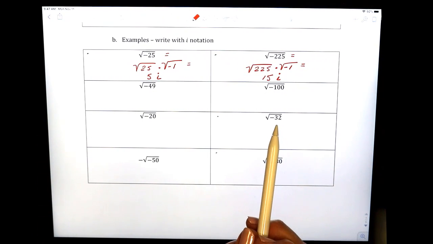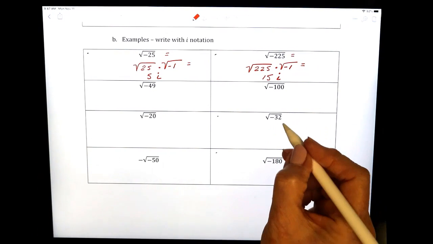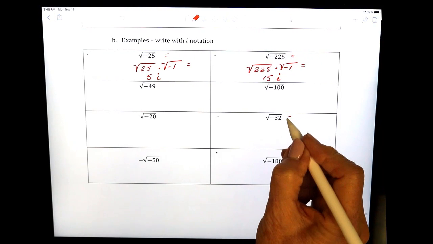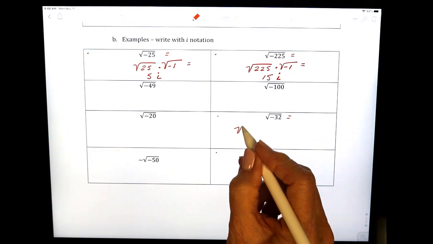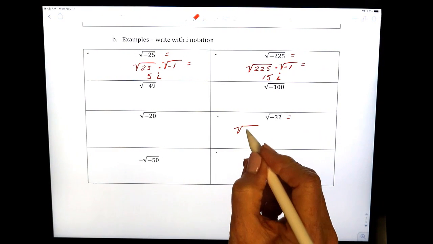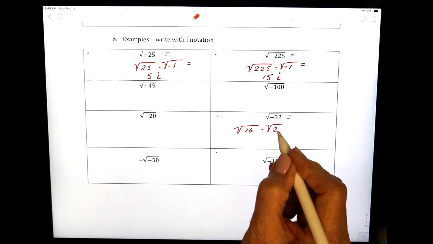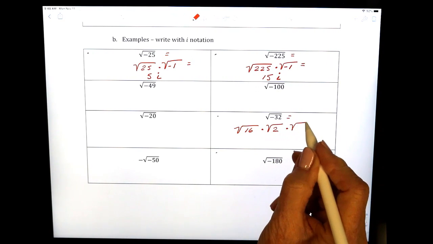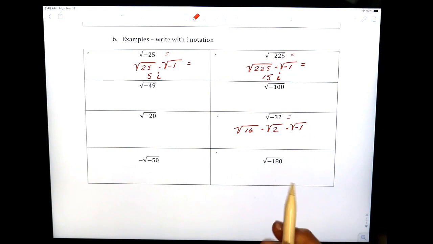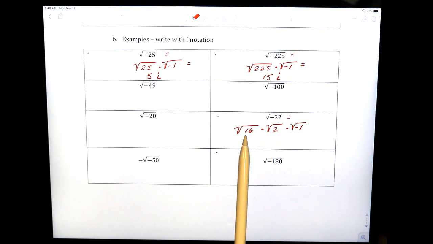So I'm going to take a look at this square root of -32, and we're going to split this up into the square root of 16 times 2 times -1. So again, you'll see 16 times 2 is equal to 32, and then this -1 makes that product a -32 product.